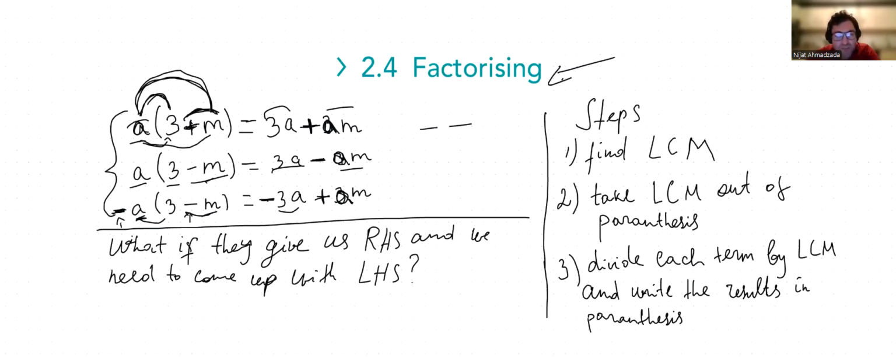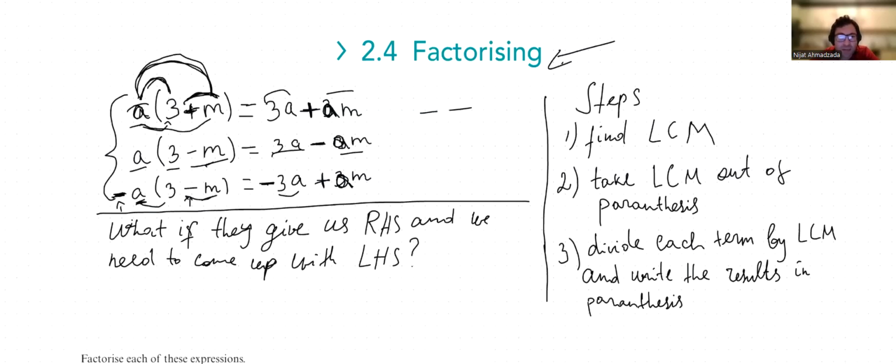Okay? That's it. And now we have the following question. What if they give us the right-hand side? This is the right-hand side, right? And they want us to come up with this part, the left-hand side.